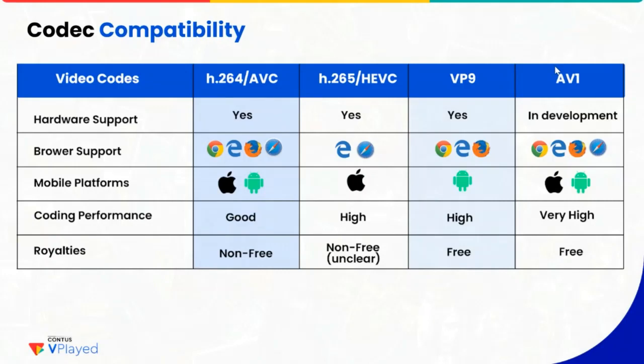But if you are going for more than 2K or 4K, obviously you could opt for H.265, which is also called high efficiency video coding. By the name itself, it suggests high efficiency. It is a successor of H.264.